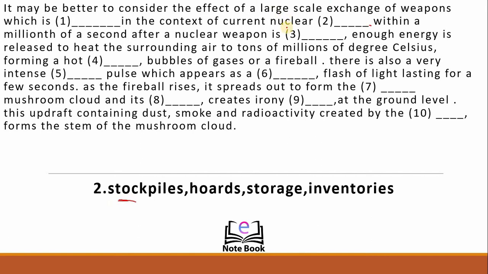Wherever we talk about nuclear weapons, we say a stockpile of nuclear weapons. So here the answer will be option A, stockpiles. What are the other words? Hoards is a collection of money which is guarded or kept safely. Inventories is a stock of raw material for a business or for a purpose. So the most suitable option is option A, stockpiles.